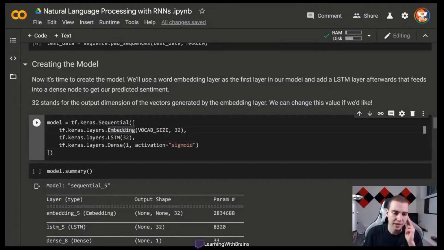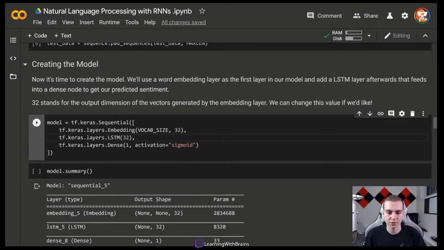Now here, the reason we have the embedding layer, you're like, well, we've already pre-processed our review, is that even though we've pre-processed this with these integers, and they are a bit more meaningful than just our random lookup table that we've talked about before, we still want to pass that to an embedding layer, which is going to find a way more meaningful representation for those numbers than just their integer values.